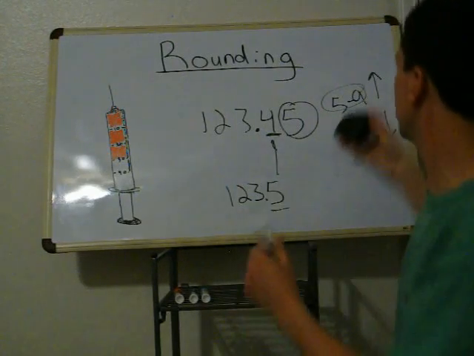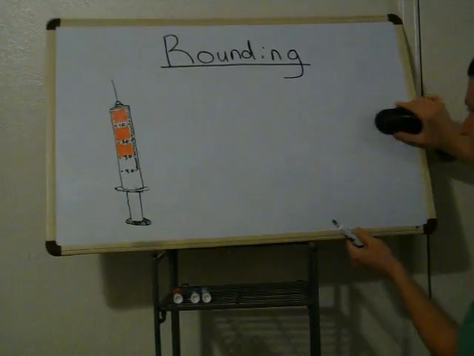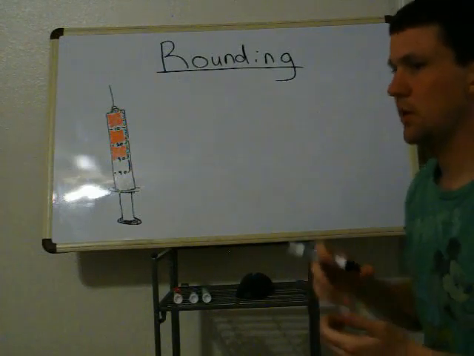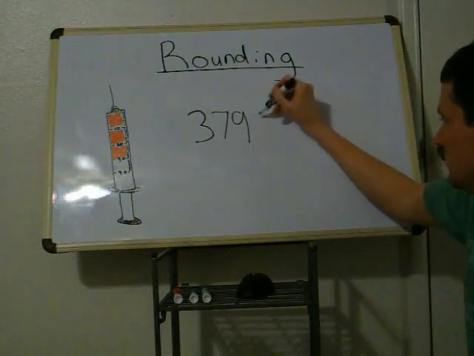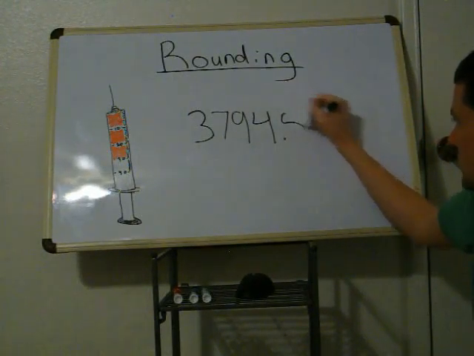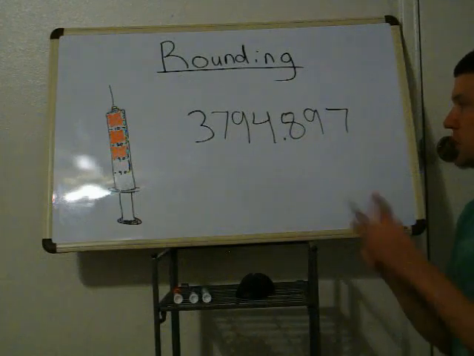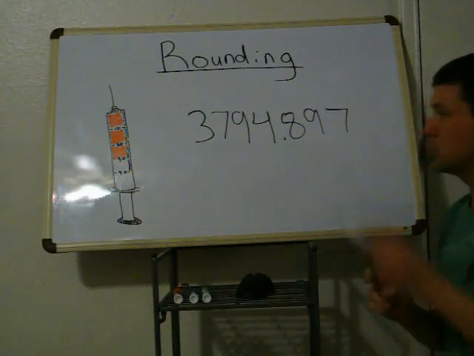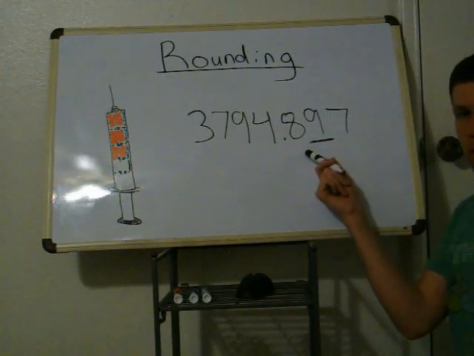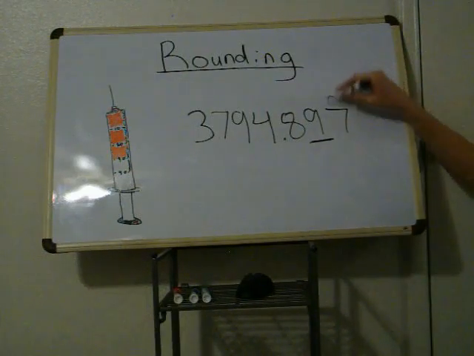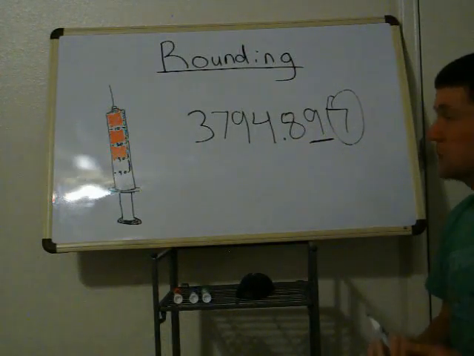So let's just do another one. This time let's round to the nearest hundredths place. So the hundredths place in this example is this 9. So we look at the number to the right of the 9, which is a 7, and that 7 is between 5 and 9, so we round up.